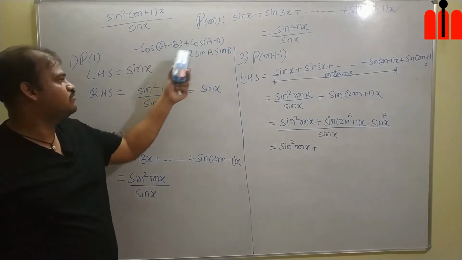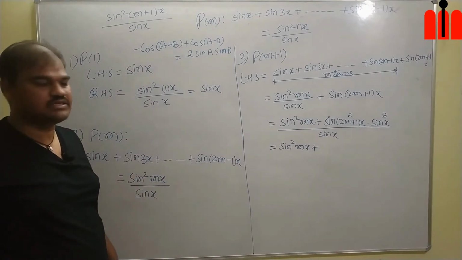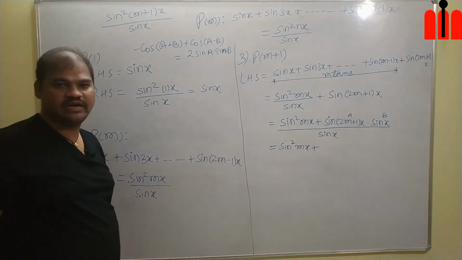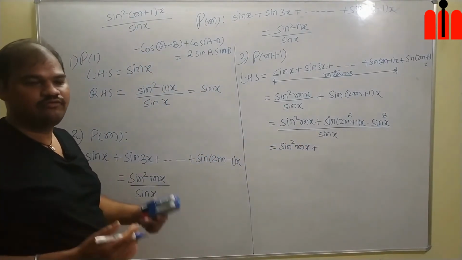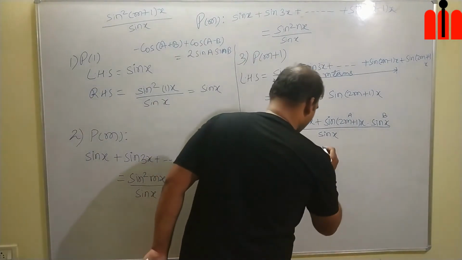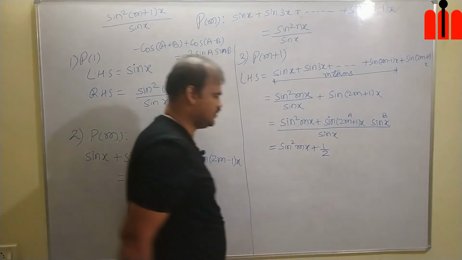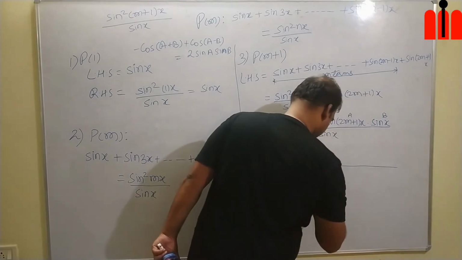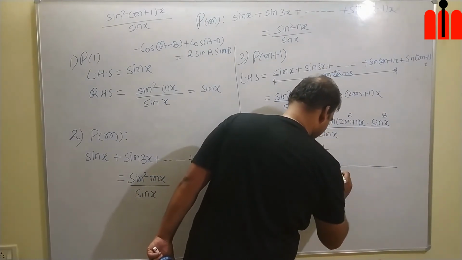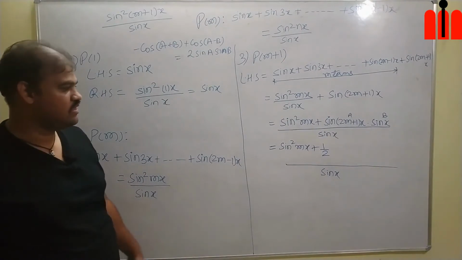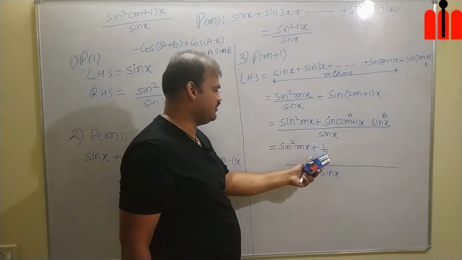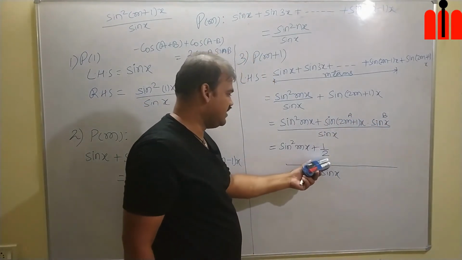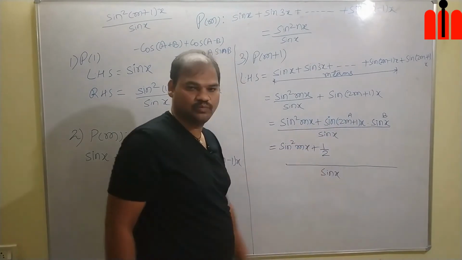What I had done, I had multiplied both sides with minus. Here 2 is absent, so let's divide and multiply with 2. So make it 1 by 2, entire thing divided by sine x, which is my numerator. I had divided with 2 because I am taking 2 sine a sine b here, such that I can multiply with 2.